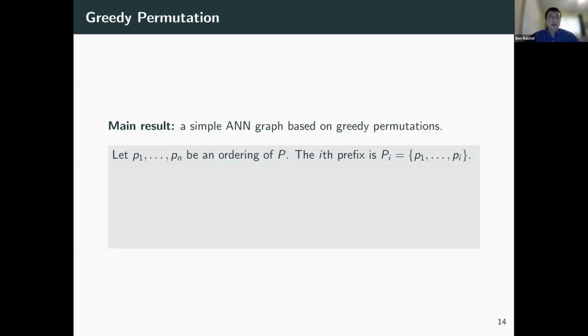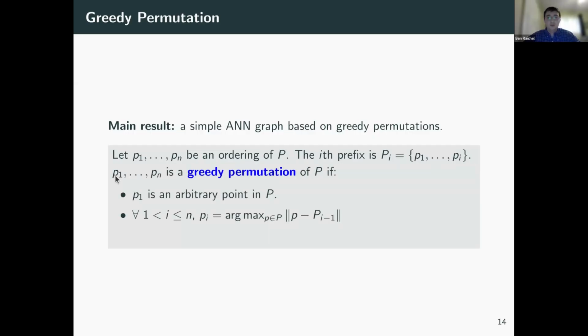So first, let me consider an ordering P1 through Pn of P, so some permutation of the points. And let me look at the ith prefix Pi. So capital P sub i is the first i points. Then I'm going to call P1 through Pn a greedy permutation if it satisfies this property. First, P1 is an arbitrary point, so that's not much of a requirement.